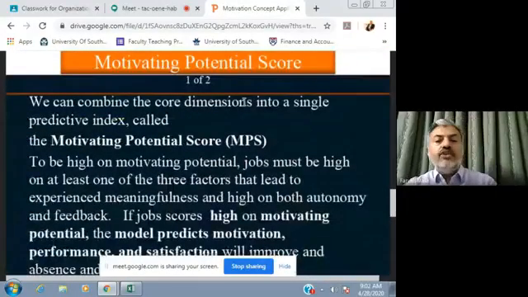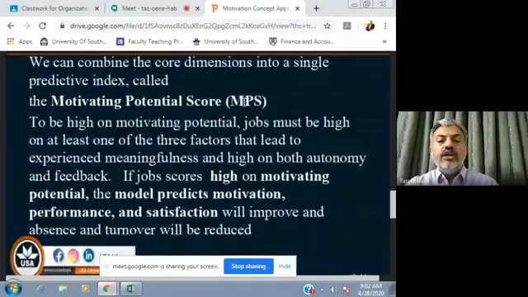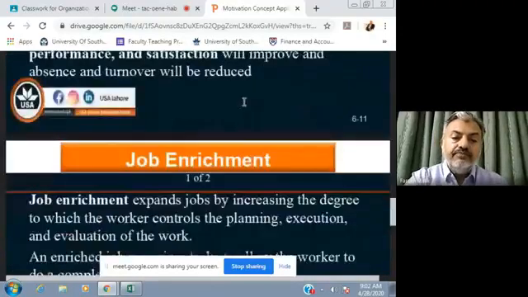MPS, motivating potential score, keeps you high on motivating potential, and the model predicts motivation, performance, and satisfaction. So this model predicts motivation, performance, and satisfaction, and therefore they reduce absenteeism and turnover.